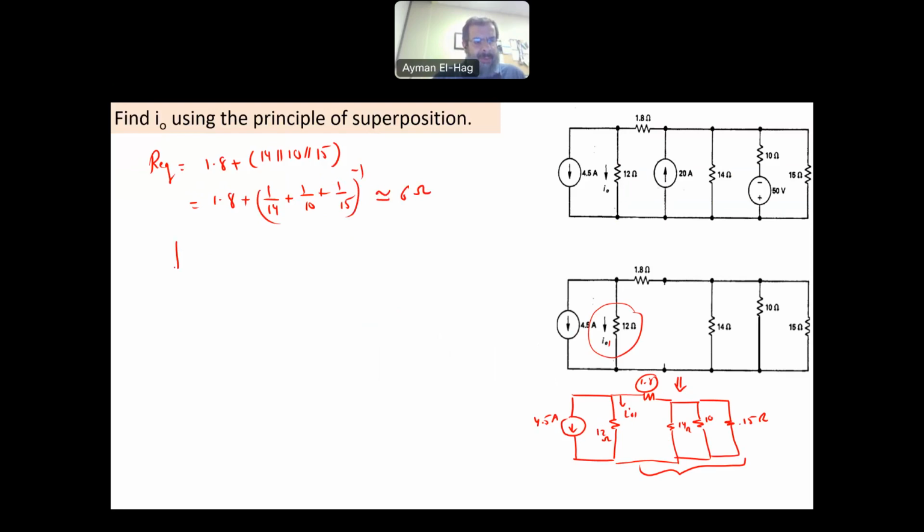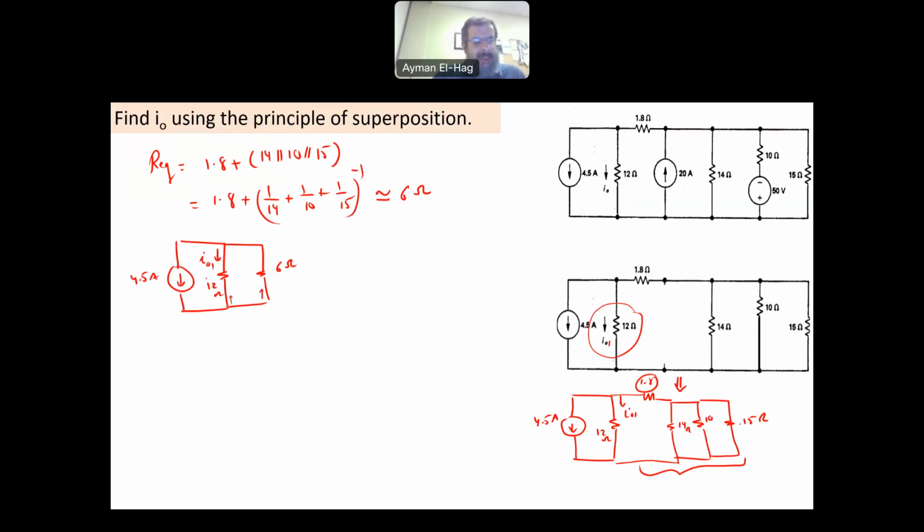So now my circuit will be the 12 ohm and the 6 ohm here, and this is your 4.5 amp. Now this is what I want to find, I01. The current will be distributed in that direction.